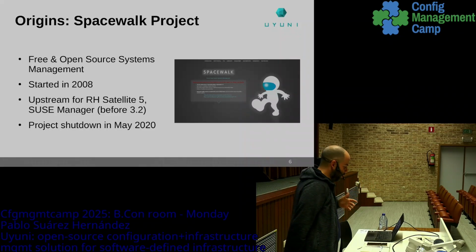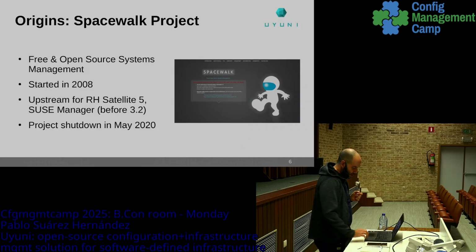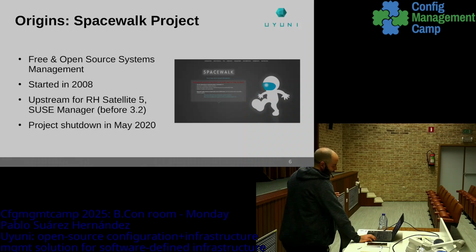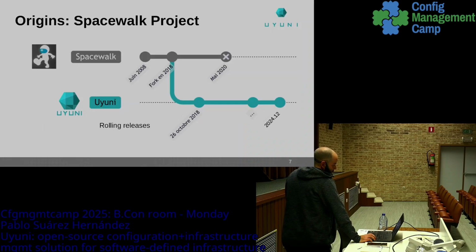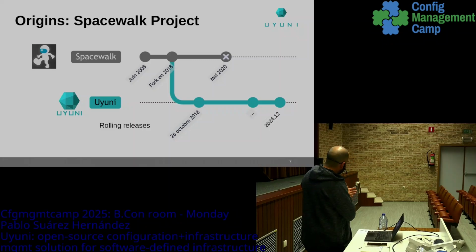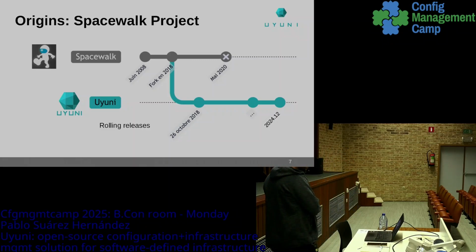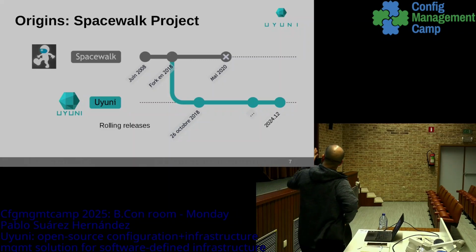There was some negotiation by then, but in the end the negotiations were not that good, so we went and forked the project. As mentioned, the fork was created in 2018, and after that, Spacewalk discontinued the project in May 2020.